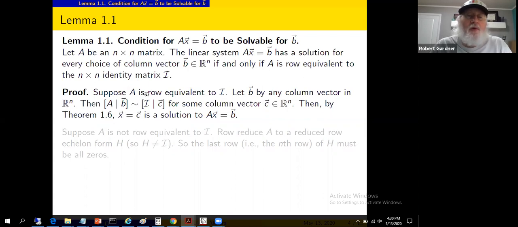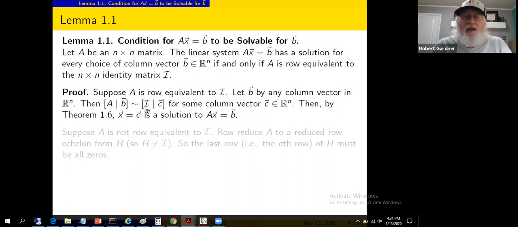We've assumed that A is row equivalent to the identity, so we could take this system of equations and reduce it down. We often wrote H augmented with C in the previous section. Here, I know what matrix we're going to get when we do the row reduction. We're going to get the identity matrix. That's the hypothesis. And then something happens to the B vector as we do those manipulations.